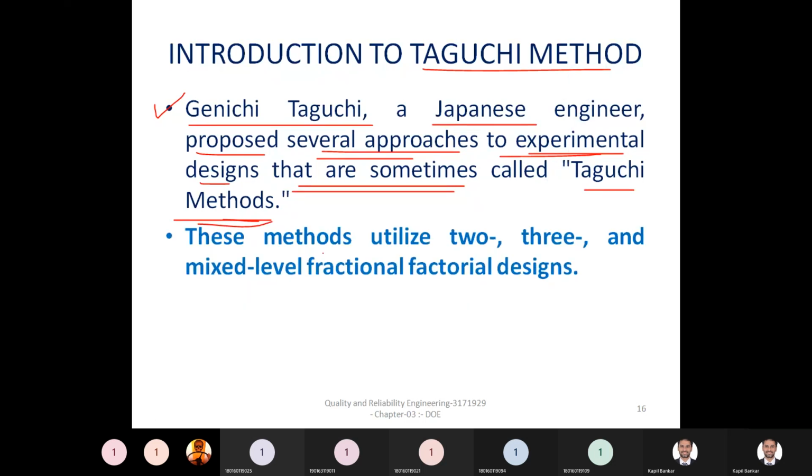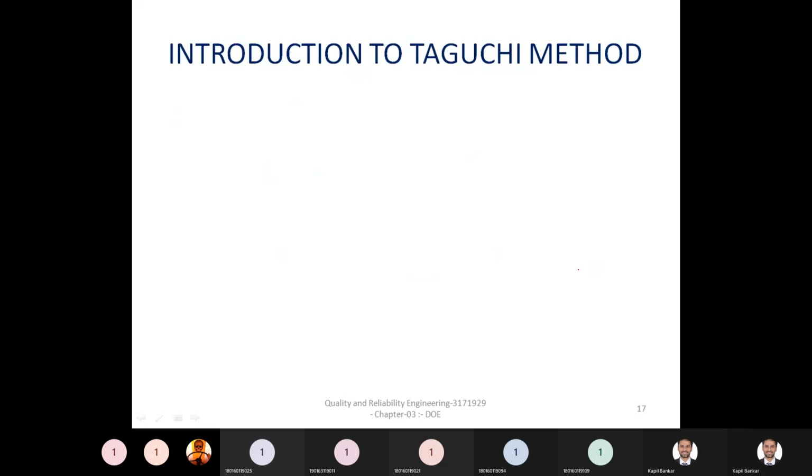What is the Taguchi method? This method utilizes 2, 3, and mixed level fractional factorial designs. Through this design, you can use 2, 3, or mixed level fractional factorial designs.